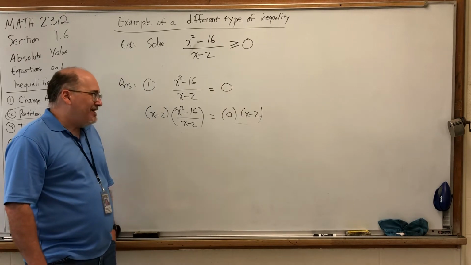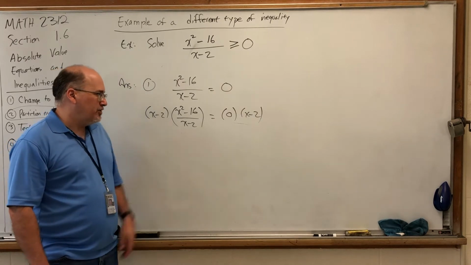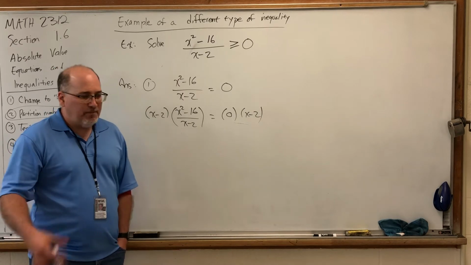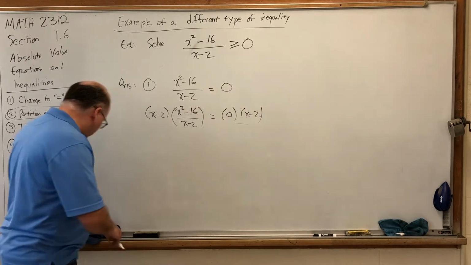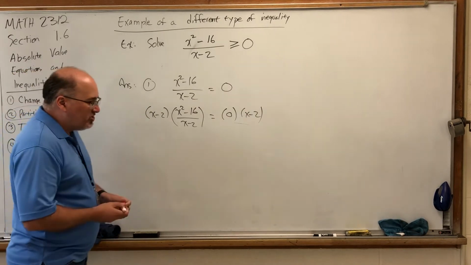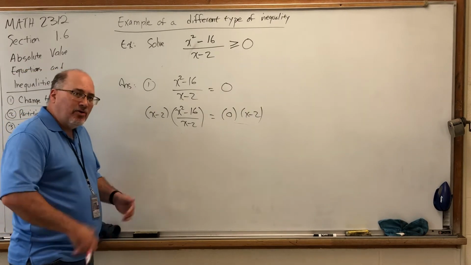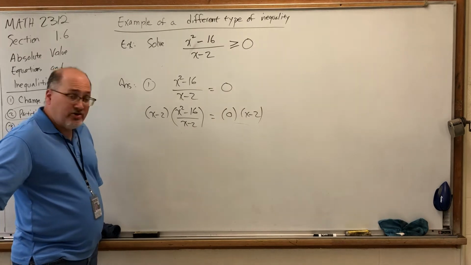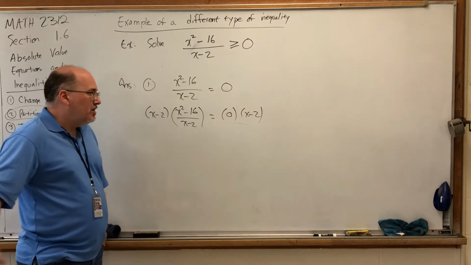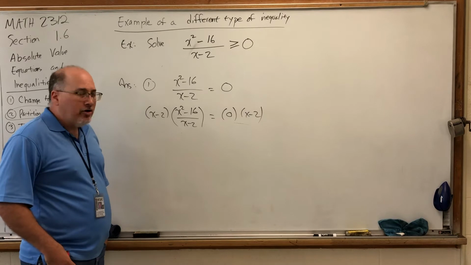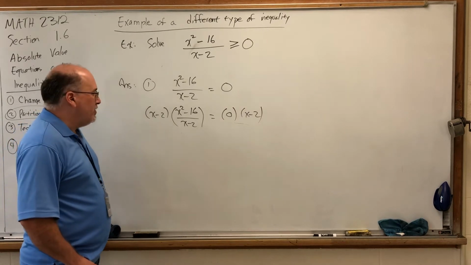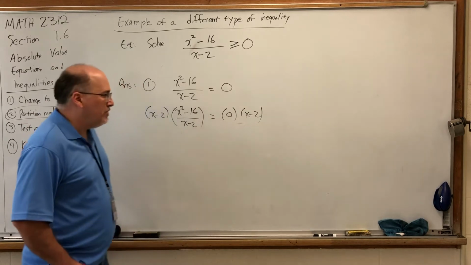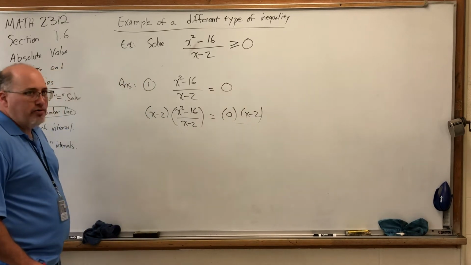So technically, anytime you multiply by a variable expression, you have to put this stipulation that what you're multiplying by isn't equal to 0. I know this isn't discussed a lot in lower level math classes, but as you go up the math ladder, it becomes more important to stay cognizant of things like that. That when you multiply both sides of an equation by something, that something shouldn't be 0.